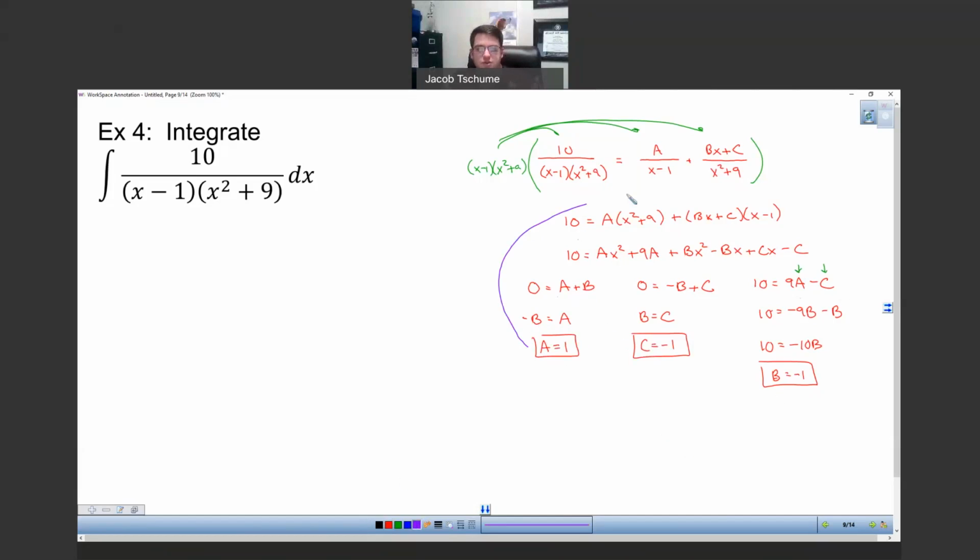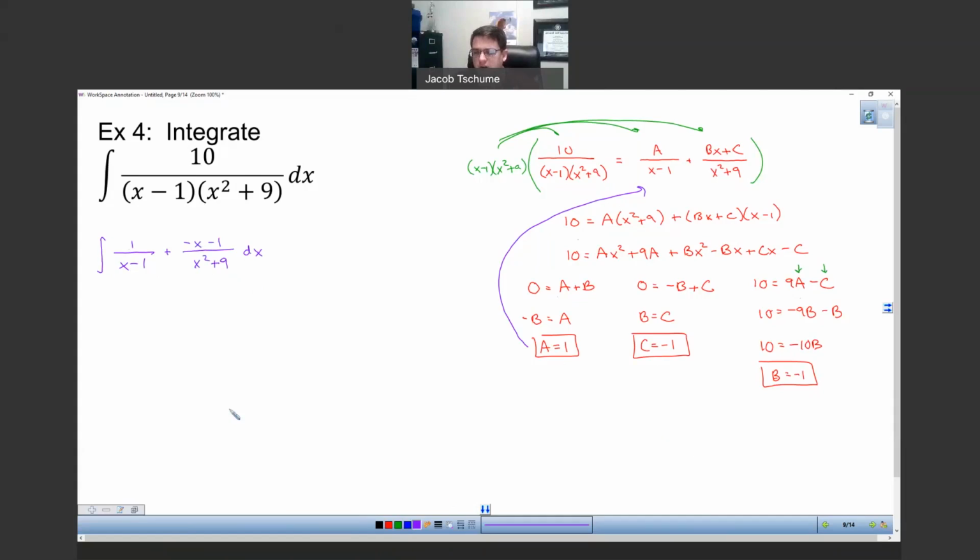We're going to substitute these variables back into my partial fraction breakdown, which will be the indefinite integral of 1 over x minus 1. All right, and then plus B and C are both negative 1, so that's negative x minus 1 over an x squared plus 9. And we're going to integrate this with respect to x.